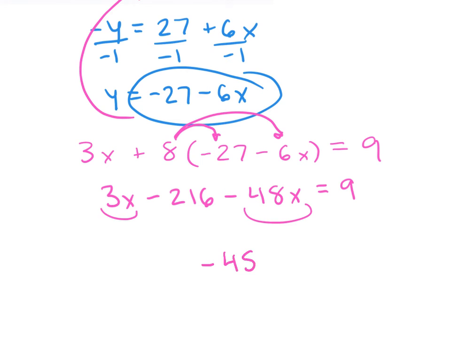Negative 45x. Can't forget about that x. And then we want to move the negative 216 to the other side. So we add 216. So what's 9 plus 216? 225.